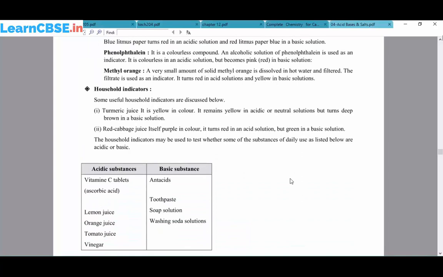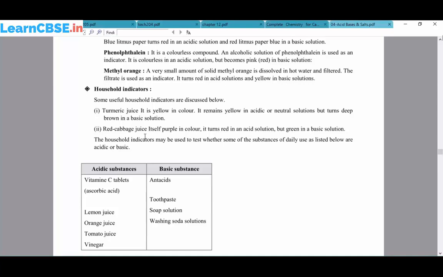Household indicators. The turmeric juice: turmeric is commonly used in our houses, and it is actually yellow in color. It remains yellow in acidic or neutral solution, but it turns deep brown when a basic solution is added.